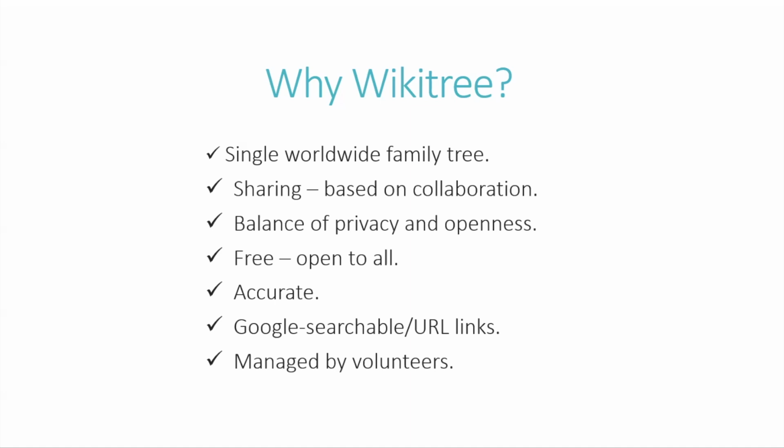Or also, we're now into the whole world of AI, and because it is open, AI can find the information that gets put onto Wikitree, and so that can be very useful in terms of providing what we would say is reasonably accurate information. You still need to check it as always, but accurate information.